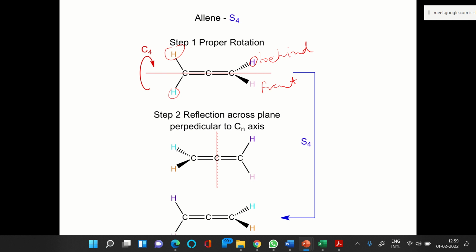Okay, so rotate by C4. A 90-degree rotation means this will go behind the plane, and the other will come in front. So when you perform one rotation, this is the structure that you will get.